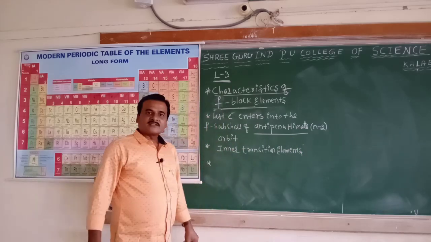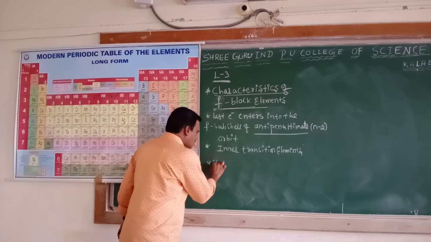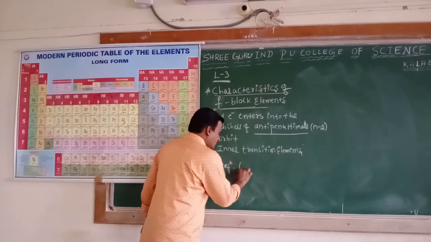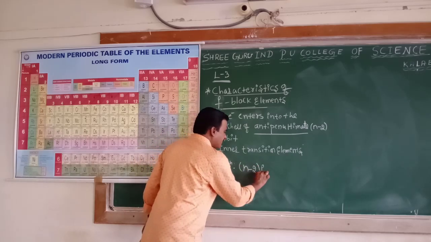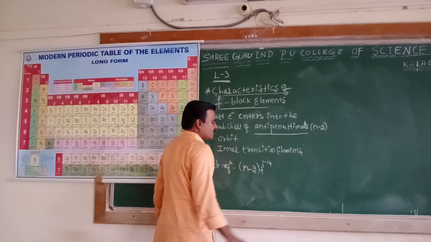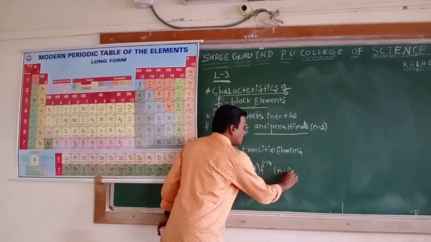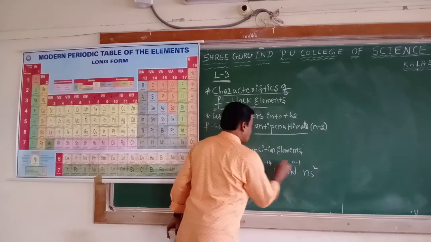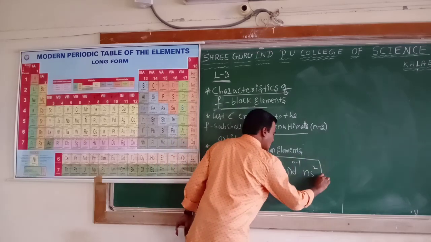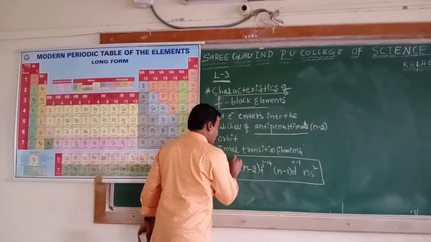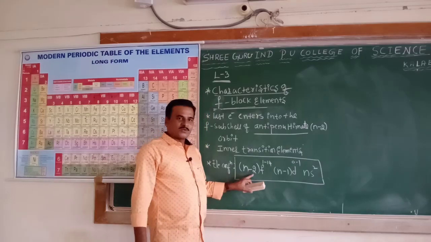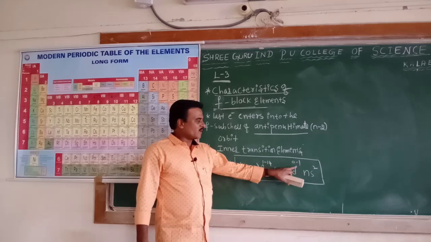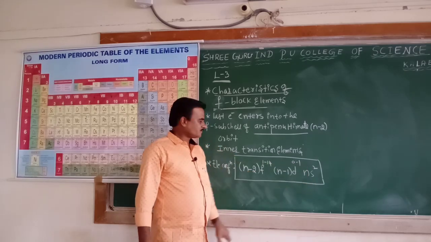Next, the electronic configuration of f block elements. Remember, (n minus 2) f 1 to 14, (n minus 1) d 0 to 1, ns 2. The general electronic configuration of f block elements is (n minus 2) f 1 to 14, (n minus 1) d 0 to 1, ns 2.